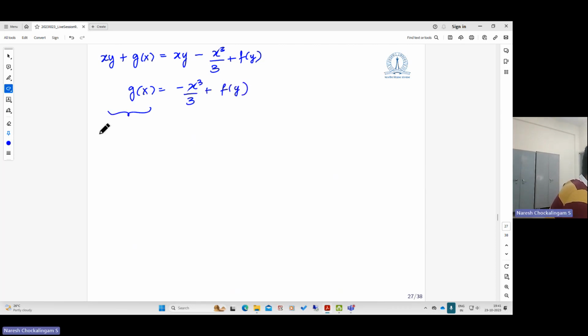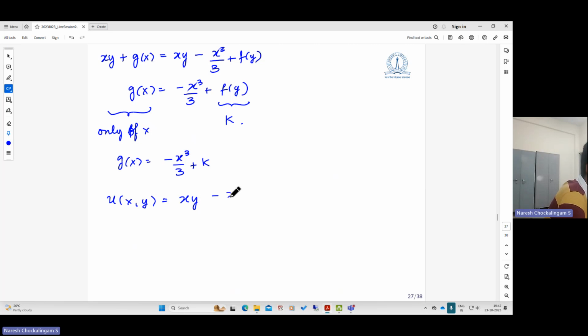Note this is a function only of x, but this is a function both of x and y. Therefore, f of y should be a constant k. So g of x is nothing but minus x cubed by 3 plus k. So what is u of x comma y? U of x comma y is xy minus x cubed by 3 plus k.